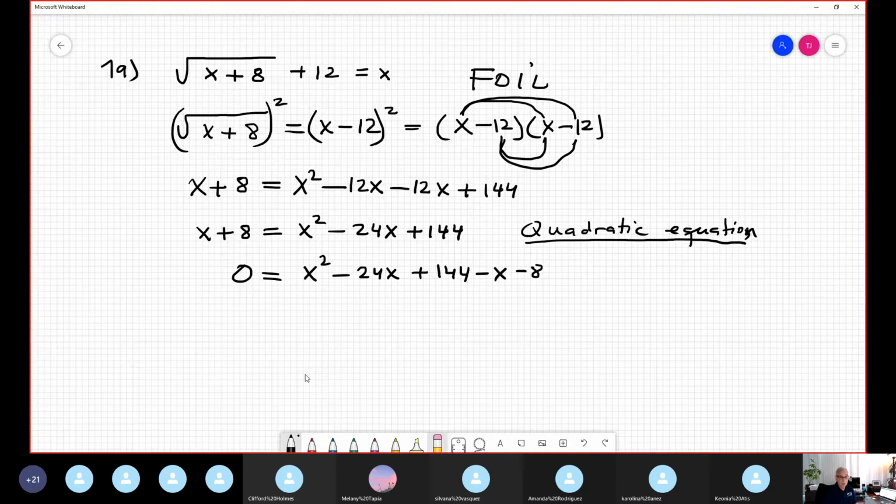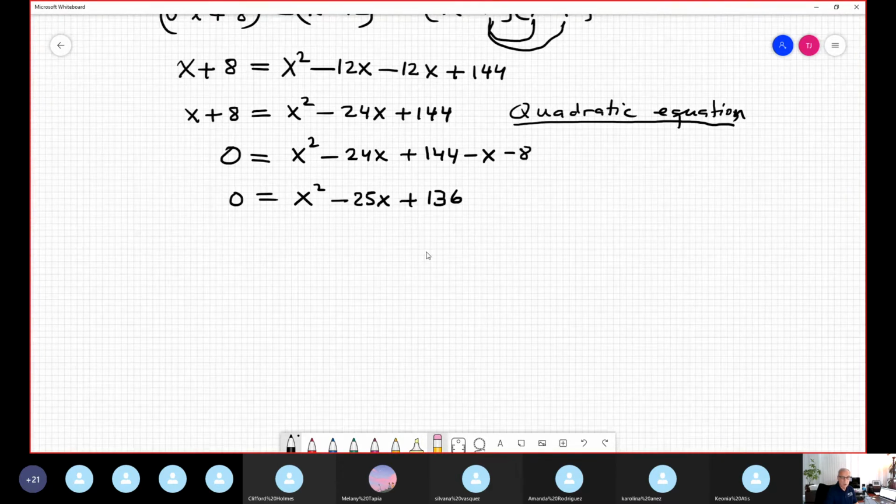One more time, you combine: negative 24 and negative 1 together is minus 25, and this is plus 136. No, 144, yeah, 136. If you feel more comfortable, you interchange the equation and write: x squared minus 25x plus 136 equals 0.